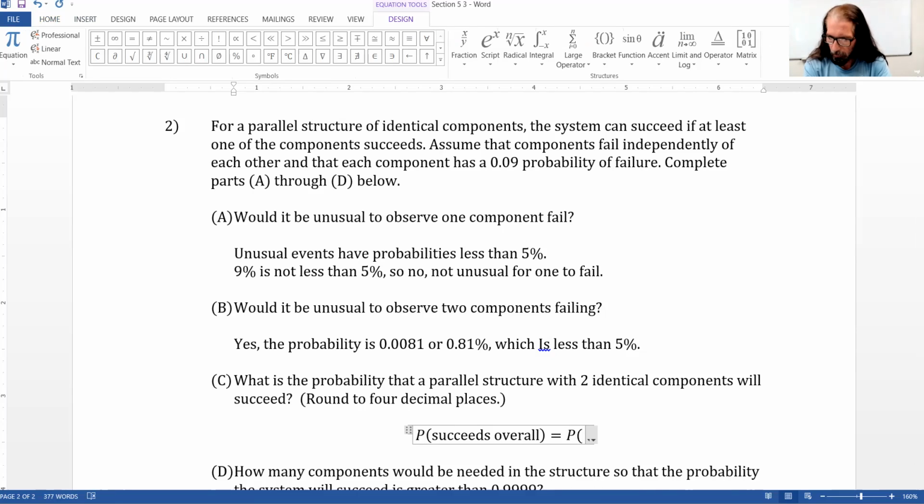And that is the complement of both failing.